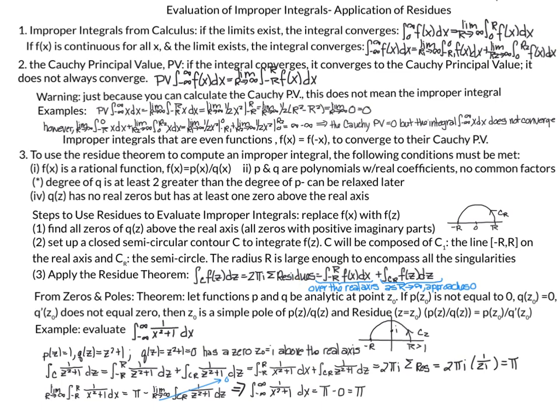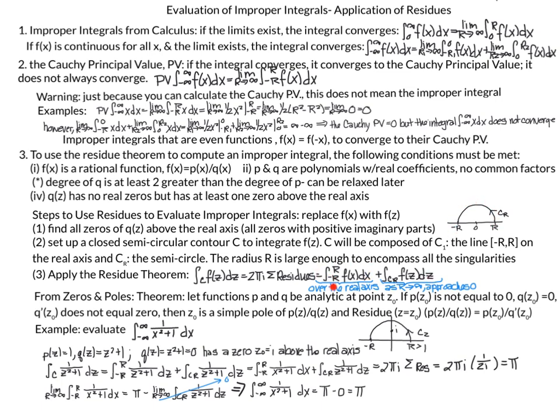And this is going to equal, because our closed contour is 2 parts, the integral along the line from negative r to r of f of x dx, and we'll talk about the fact that I changed back to x here, plus the integral over the semicircle, c sub r, of f of z dz.